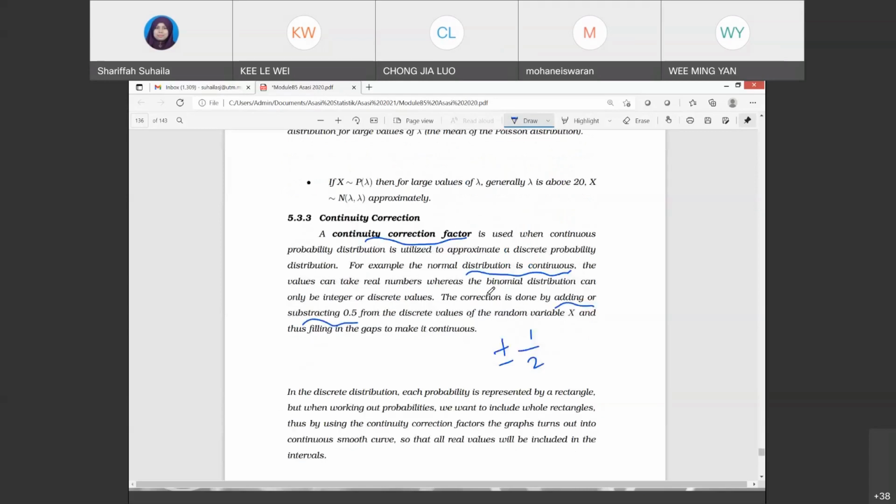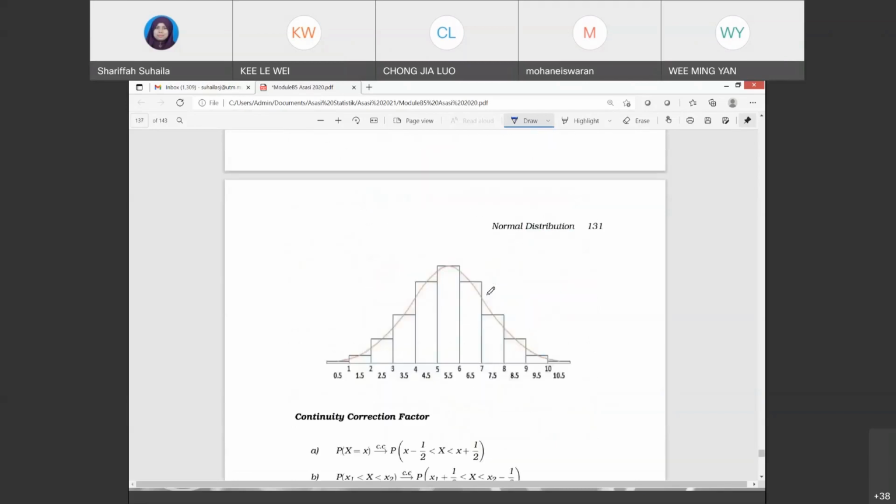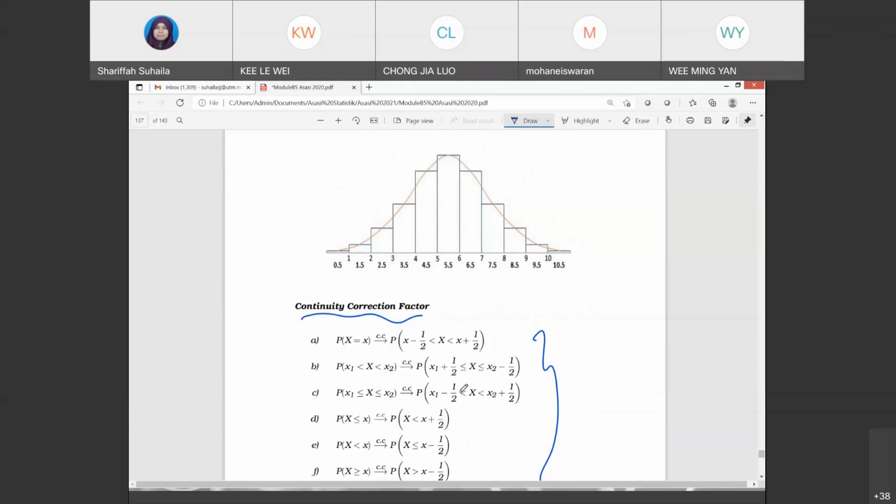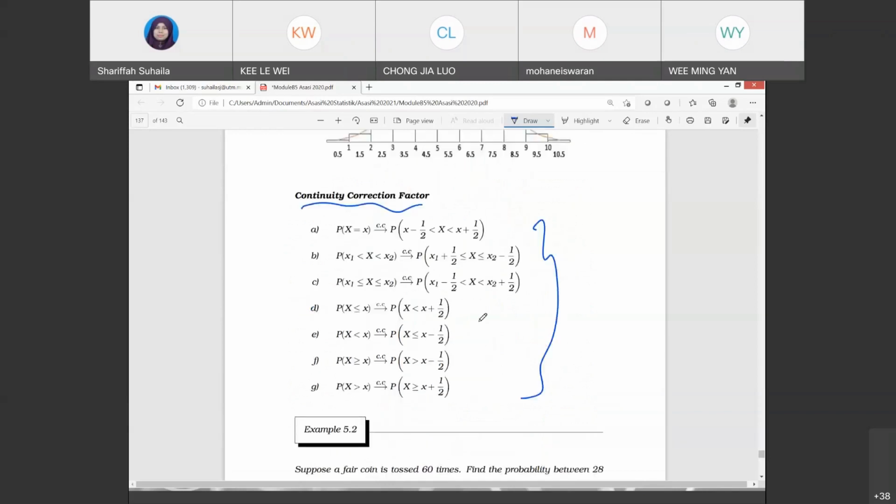We have the list of formulas here, but this one is not provided in the list. That means you need to know how to change from a discrete to a continuous function by adding or subtracting half. Normally I don't ask students to memorize this formula because we have too many formulas in statistics. We just understand the concept.